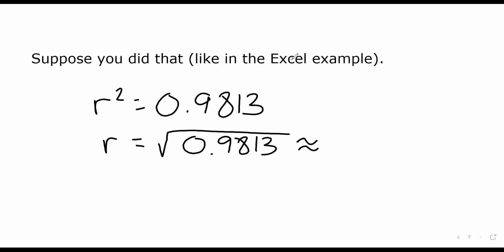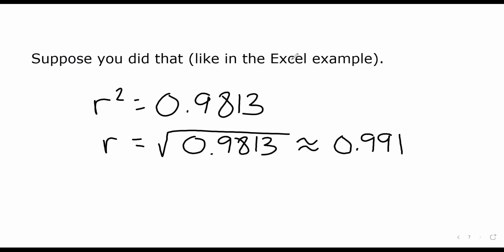All right, calculator, I need some help. 0.9813 square rooted to 3 decimal places, 0.991. And that's the value of the correlation for that cricket chirping temperature scatter plot.